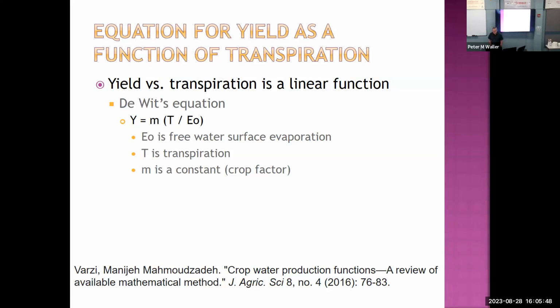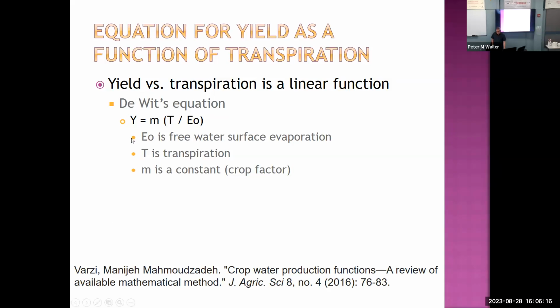And then this is actually very interesting: the yield is a linear function of the transpiration. They've done a lot of studies on this, and I actually did an alfalfa literature review earlier this year. You can use this equation in Arizona and Utah, where there's a completely different climate, and it applies to both.